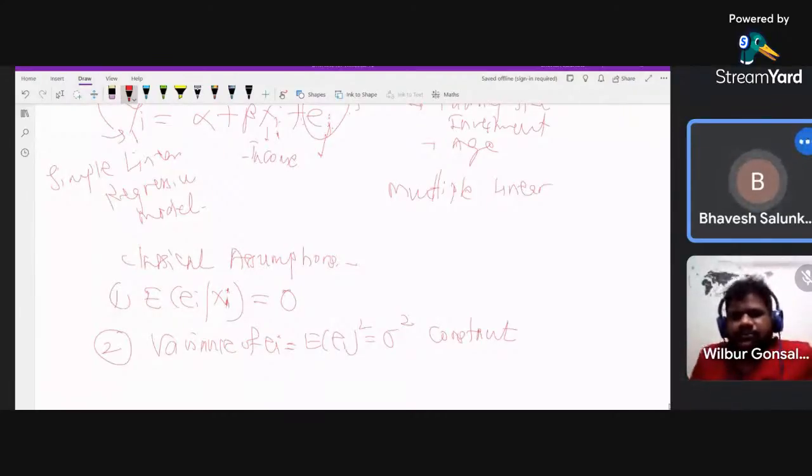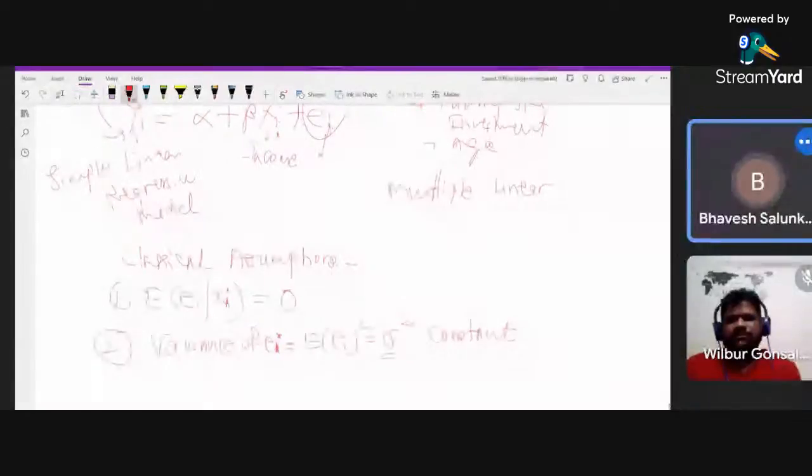Every error term has a distribution, and its variance, that is the deviation of the error terms from its mean 0, is constant. So the variance or the spread in the dependent variable is constant across X values. That is what is meant by variance of ei equal to some constant sigma square. The moment we make this assumption, it is called the assumption of homoscedasticity.